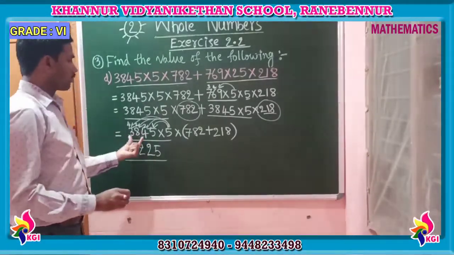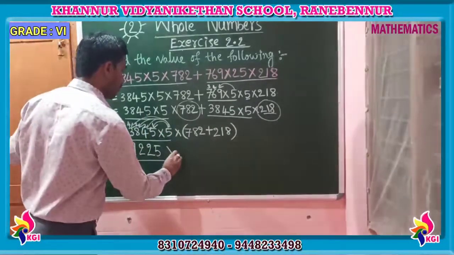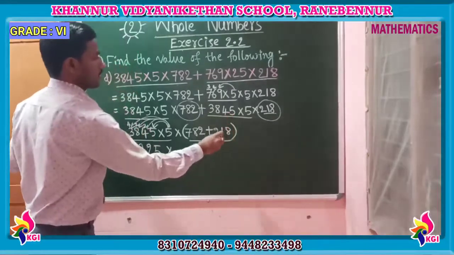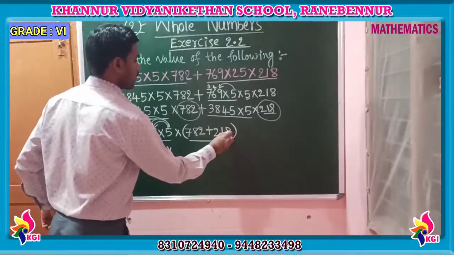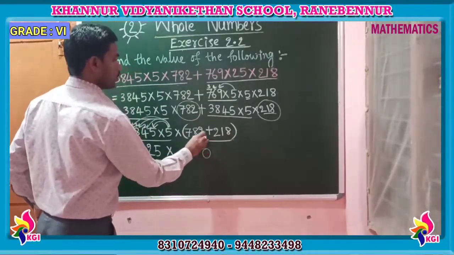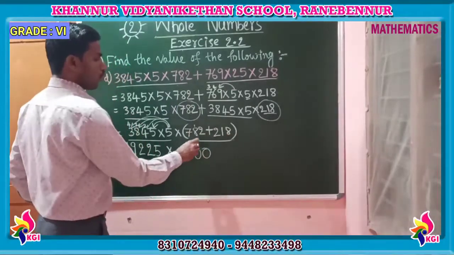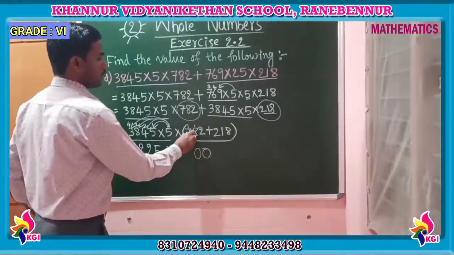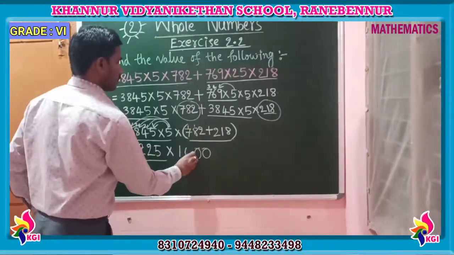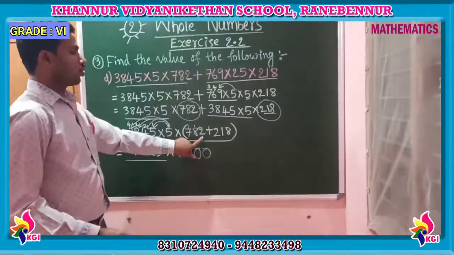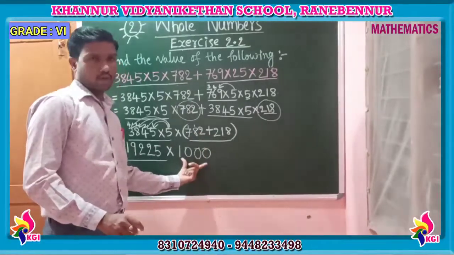This is the product of 3,845 and 5. Then add these two numbers, 782 plus 218: 2 plus 8 is 10, 1 carry, 8 plus 1 is 9, 9 plus 1 is 10, 1 carry, then 7 plus 1 is 8, 8 plus 2 is 10. So my dear, 782 plus 218, if we add these two numbers, we get 1000.